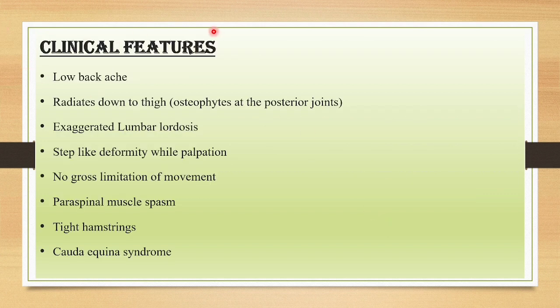So coming to the clinical features, the most important clinical feature includes low back ache or low back pain and pain radiating down to the thigh. That is mainly because of osteophytes at the posterior joints, exaggerated lumbar lordosis, and step-like deformity on palpation, limitation of movements, paraspinal muscle spasm, tight hamstrings, cauda equina syndrome, and in some cases the patient will also have weak abdominal muscles.